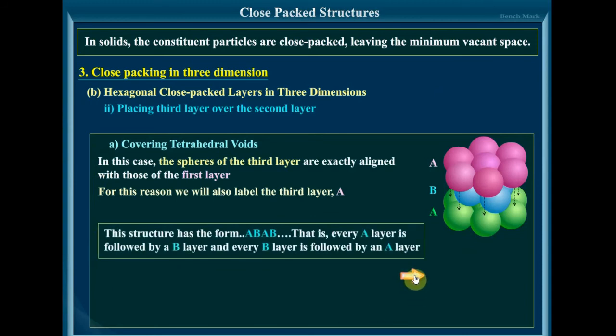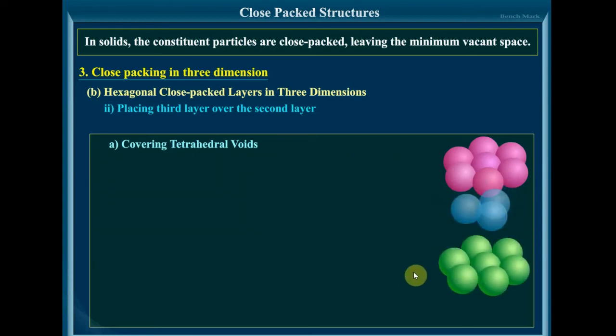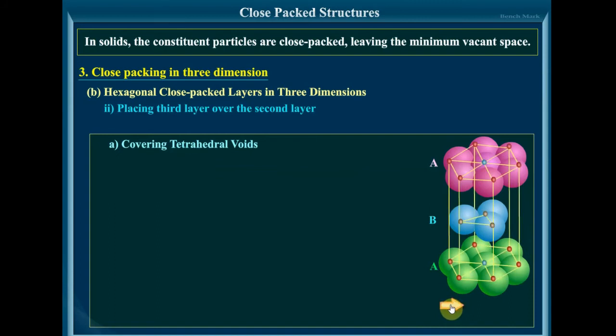This structure has the form AB type. That is, when you are arranging in this manner, the third layer always will be aligned similar to that of the first layer. So here you can find A, the center is B which is different, and A is the same.